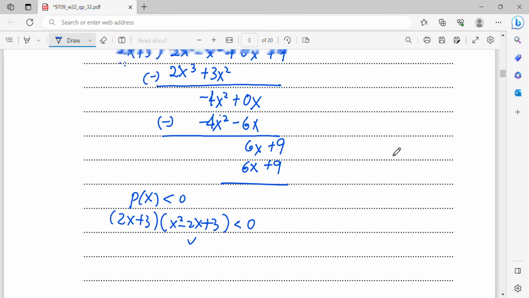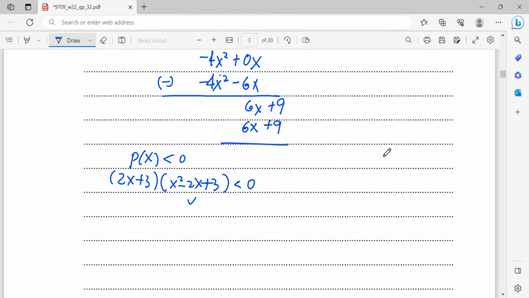So now, what we need to do is, you may try using a calculator, or we can just check our discriminant. Okay, so I will let x squared minus 2x plus 3 equal 0. Because I need to try to get the factors from this quadratic equation.